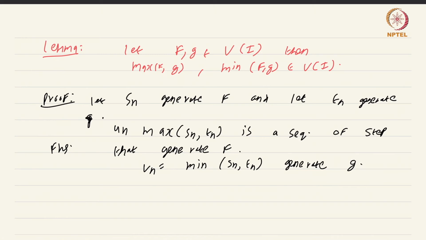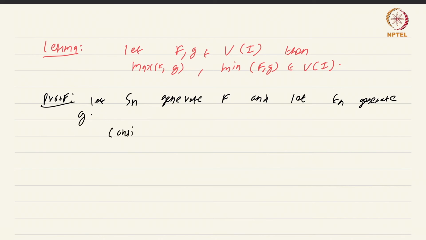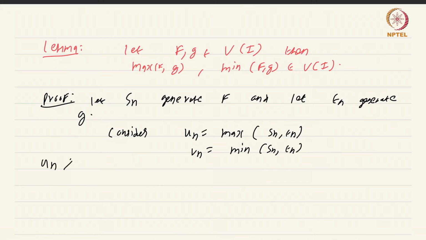To be 100% precise, we will consider un equal to max(Sn, Tn) and vn equal to min(Sn, Tn). All we can assert is un increases to max(f, g) almost everywhere and vn increases to min(f, g) almost everywhere.